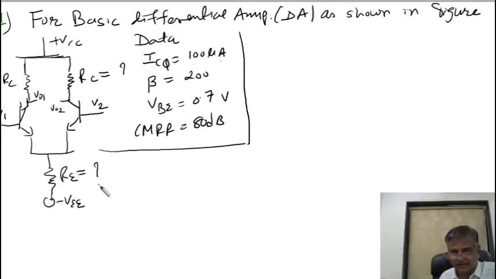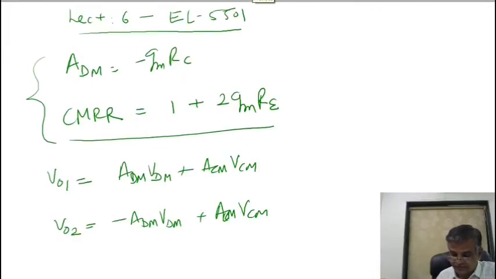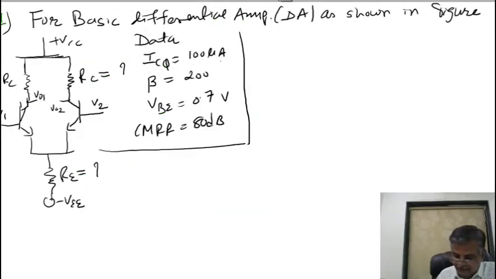Let us solve this numerical. How to solve? Already we have seen the equation, ADM is GM into RC. I have not written it here, but they have also given ADM is 500, the differential mode gain.